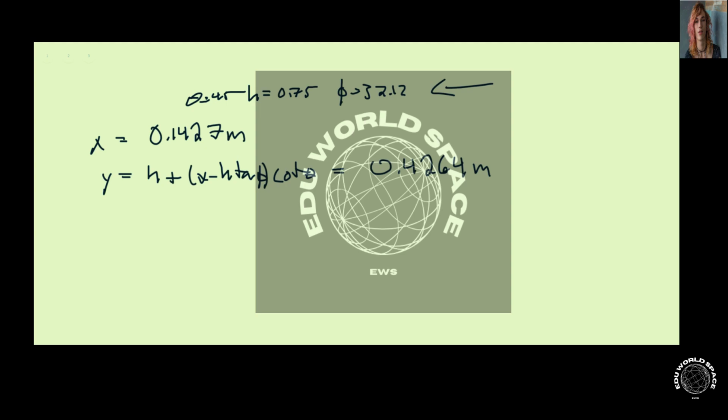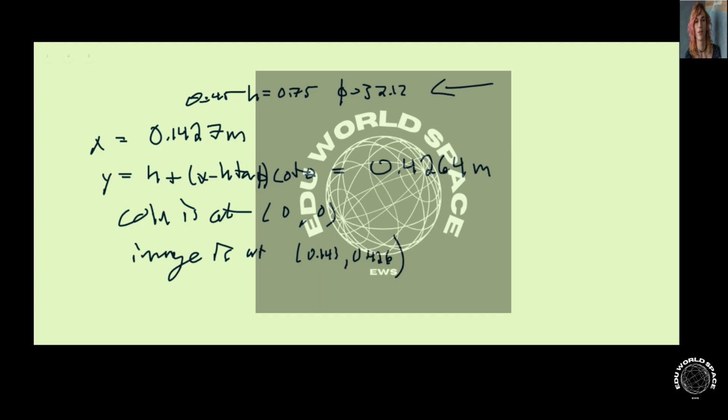Cool. So coin is at 0, 0. Image is at 0.143, 0.426. Cool, so that's slightly above and closer towards the viewer. Awesome.